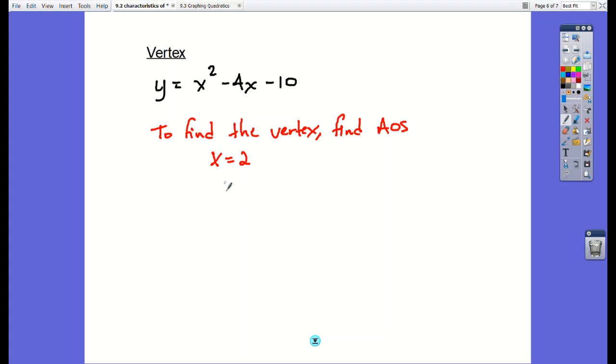The axis of symmetry is also the x value of the vertex. You get that for free. So then if we have the x value of the vertex, what could we do to find the y value of the vertex? So we have half of it. We have an x value.